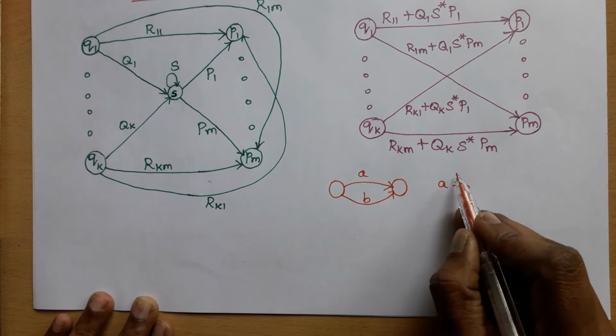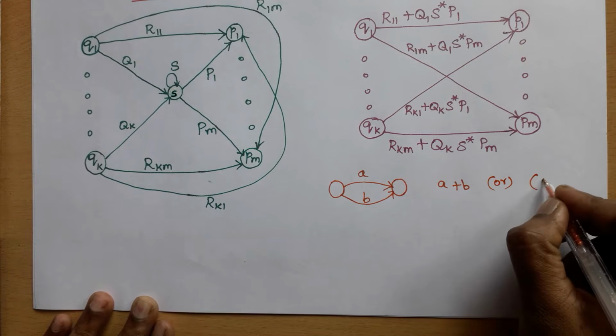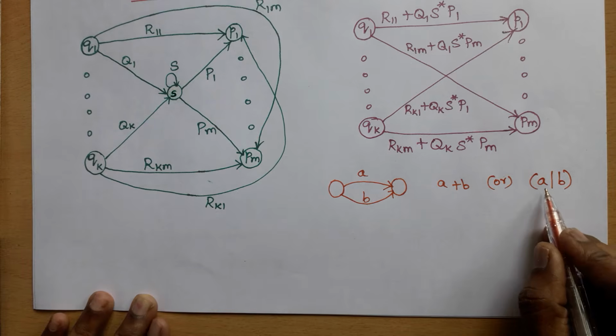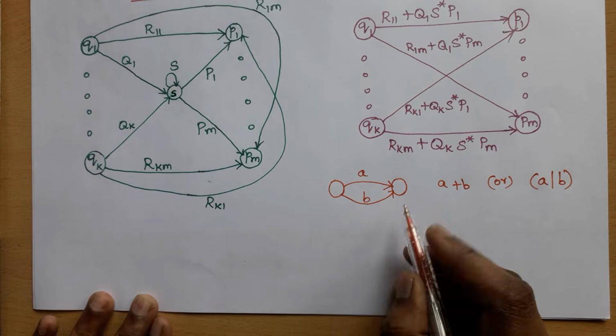We can write plus, or a vertical bar, that is the union or OR operation: either this path or this path.